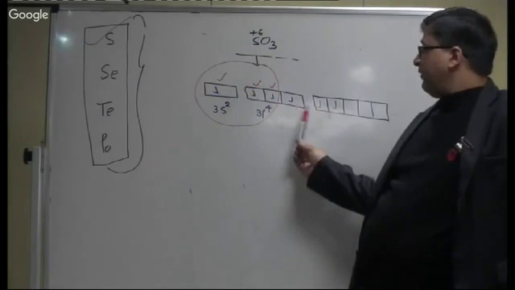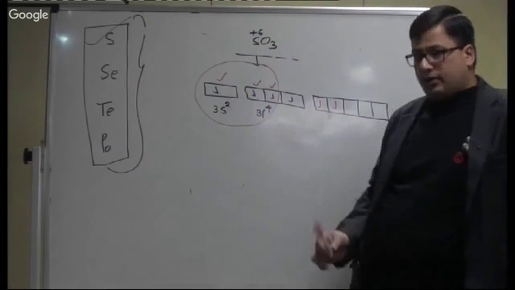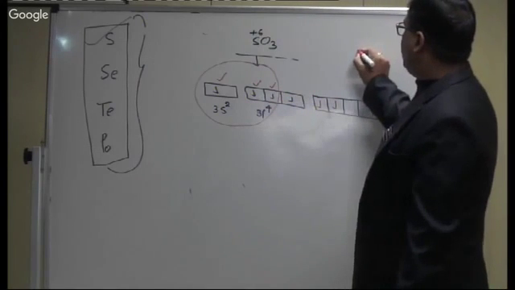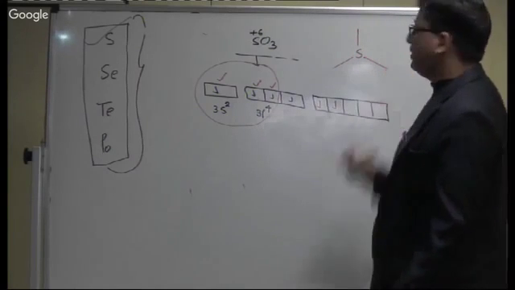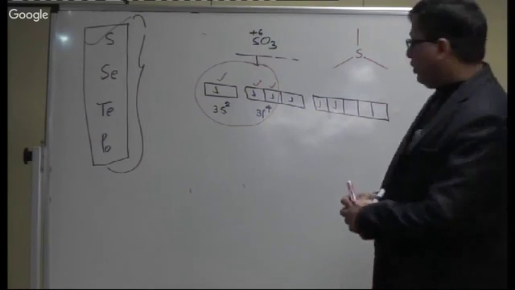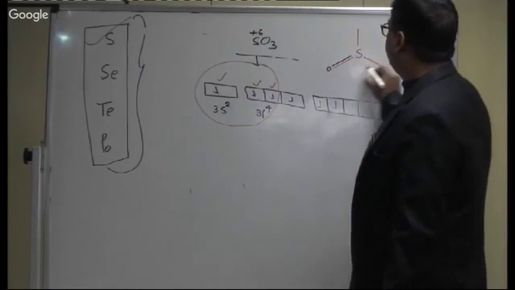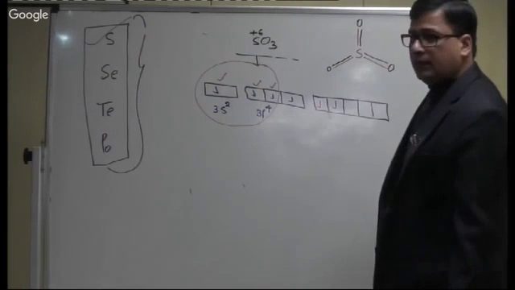Now how many unpaired are left? The number of unpaired electrons left equals the number of double bonds. The shape of sp2 is triangular planar. The number of unpaired left is 3, therefore it forms 3 double bonds. Clear?